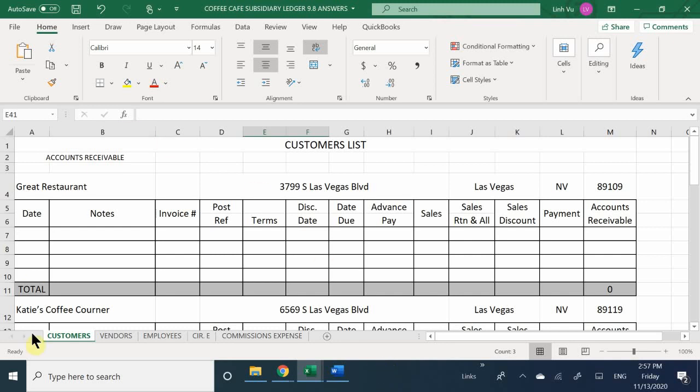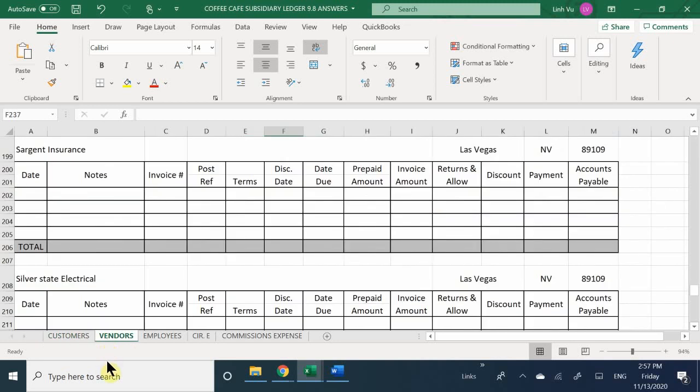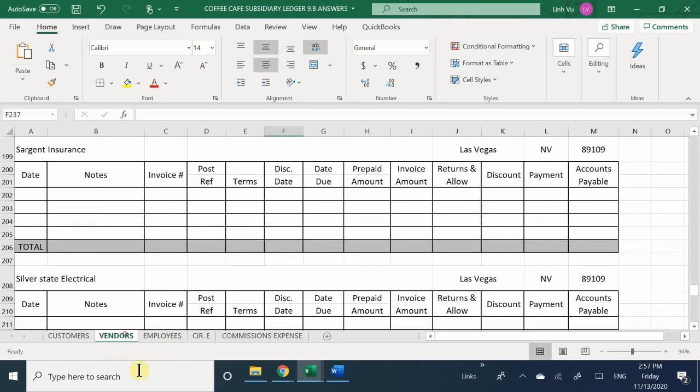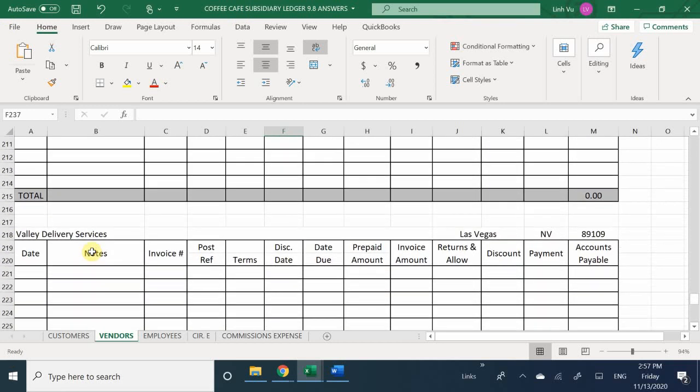All right. Yes, correct. It's going to be vendors because we're dealing with other people. We're not dealing with our customers. We don't have employees yet. So we're going to be dealing with our vendors, right? We're making payments or we owe other people. So in this one, your vendors should be in alphabetical order as well.